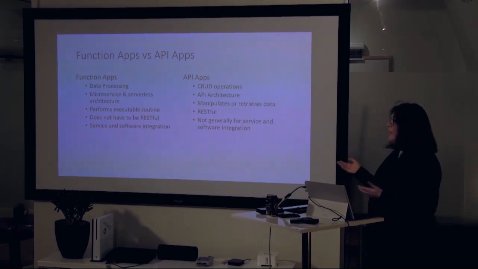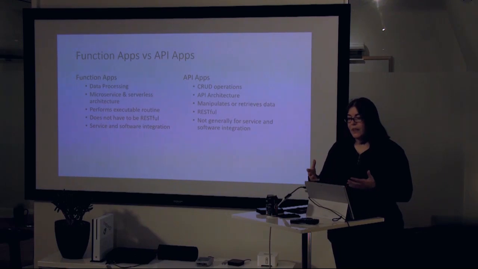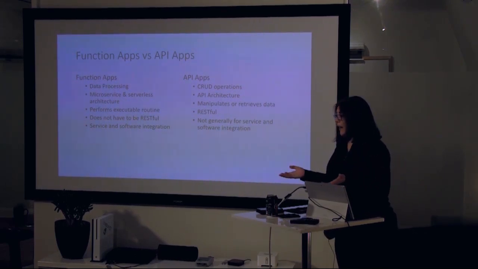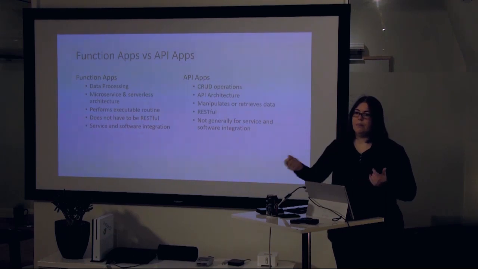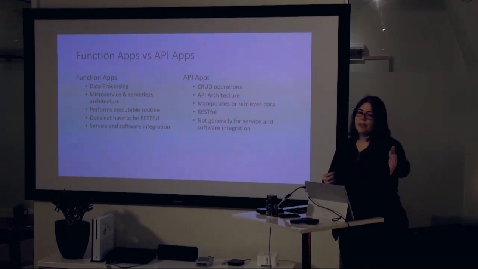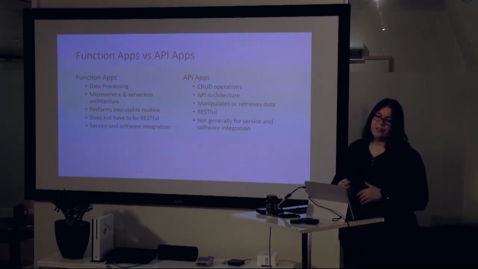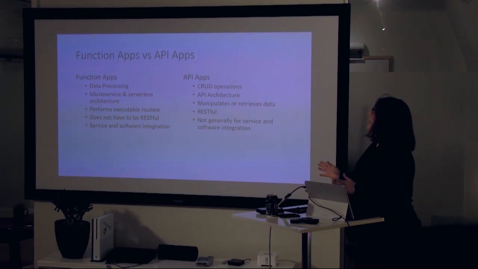If you need that API architecture, or if you're just serving data to a variety of clients, maybe mobile, maybe web, maybe even some other system that's just consuming some JSON data, that sort of thing, you could just stick with an API app.